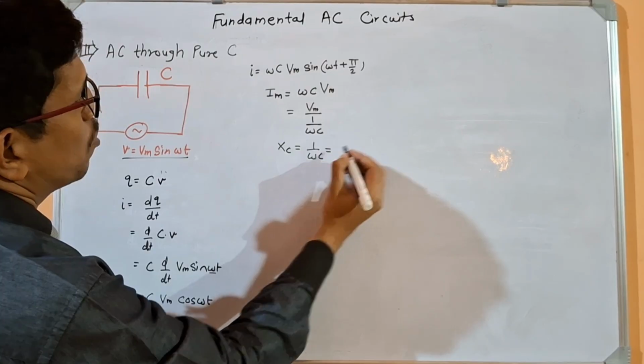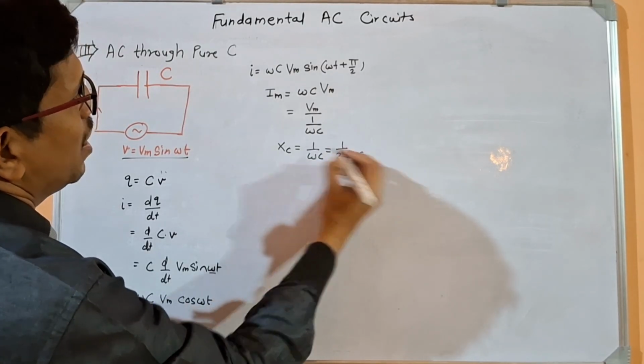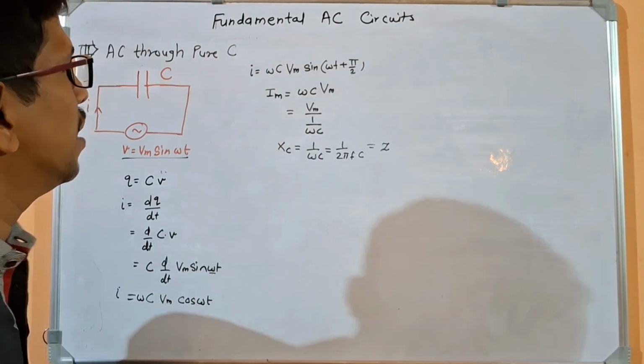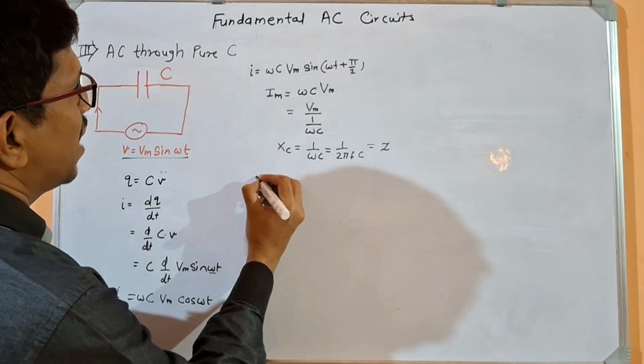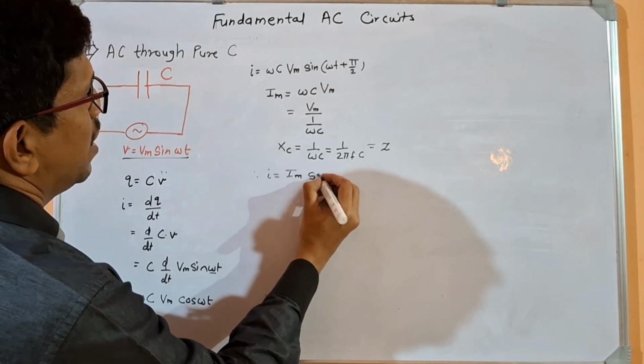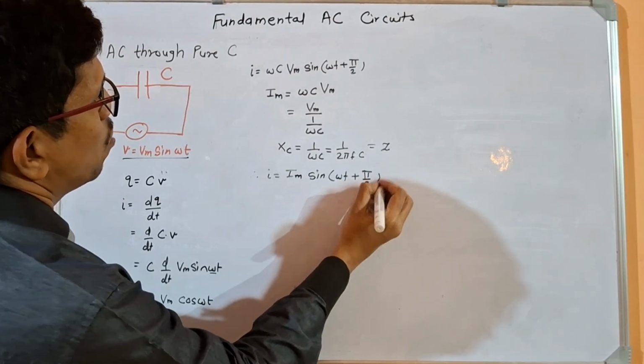It is the opposition to the current, equal to 1 upon 2 pi f C, or the impedance of this pure capacitive circuit. Therefore you can write I equals Im sin(omega t plus pi by 2).